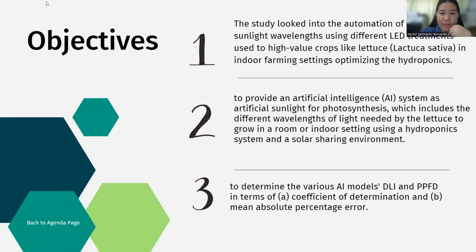It also provides an artificial intelligence system as the artificial lighting for photosynthesis, which includes the different wavelengths of light needed by the lettuce to grow in an indoor setting using hydroponic systems and a solar sharing environment. Last is to determine the various AI models, DLI, and PPFD in terms of coefficient of determination and mean absolute error.